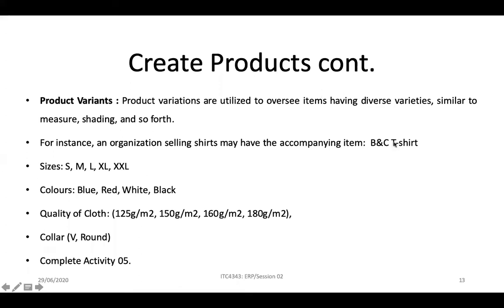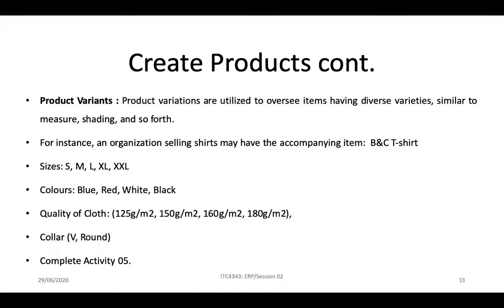If you have a t-shirt and you are differentiating by size, you can have small, medium, large, XL, double XL. In this situation, you don't need to create a product for each one, like t-shirt small, t-shirt medium, t-shirt large, t-shirt double XL. You don't need to create product after product for every variant.